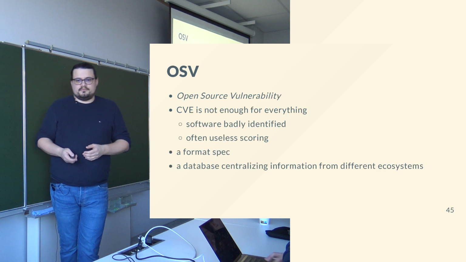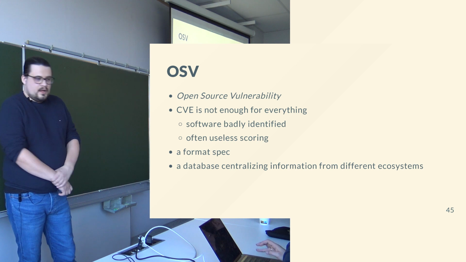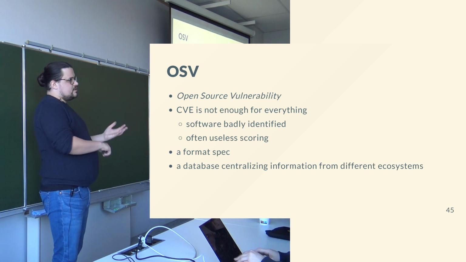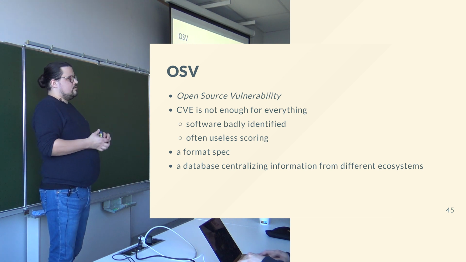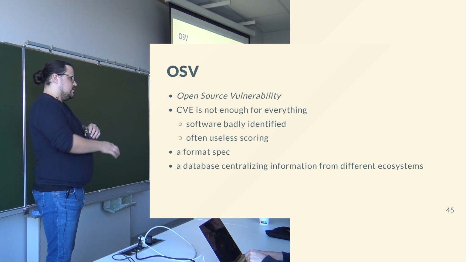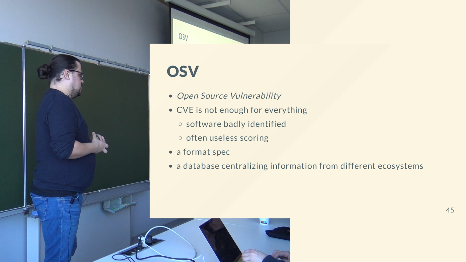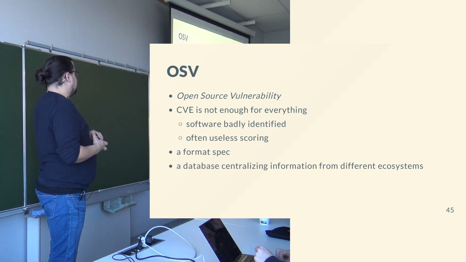So that's the historical tool for this. But as we saw with the software identification, the old tools are not enough for the current needs, and especially the multiplication of software sources and the amount of libraries that we use in programs.